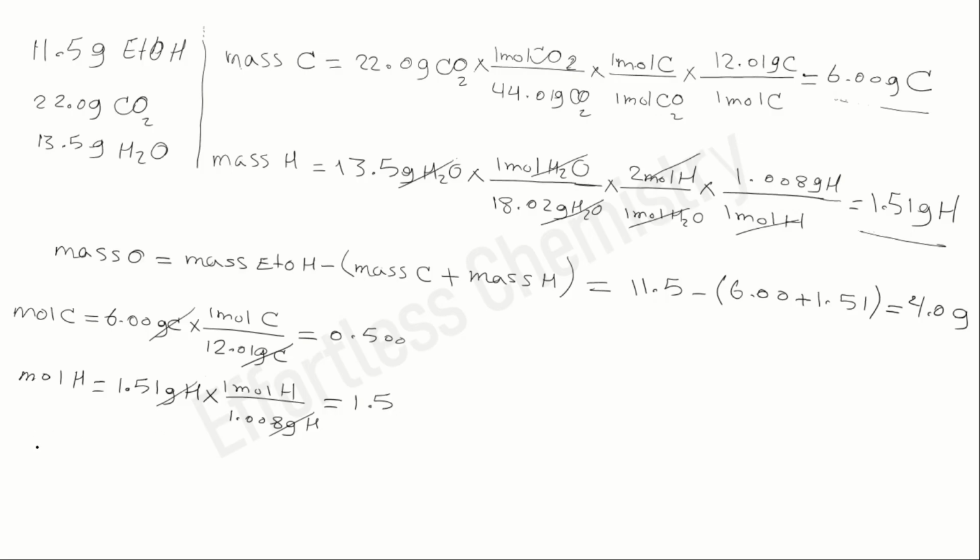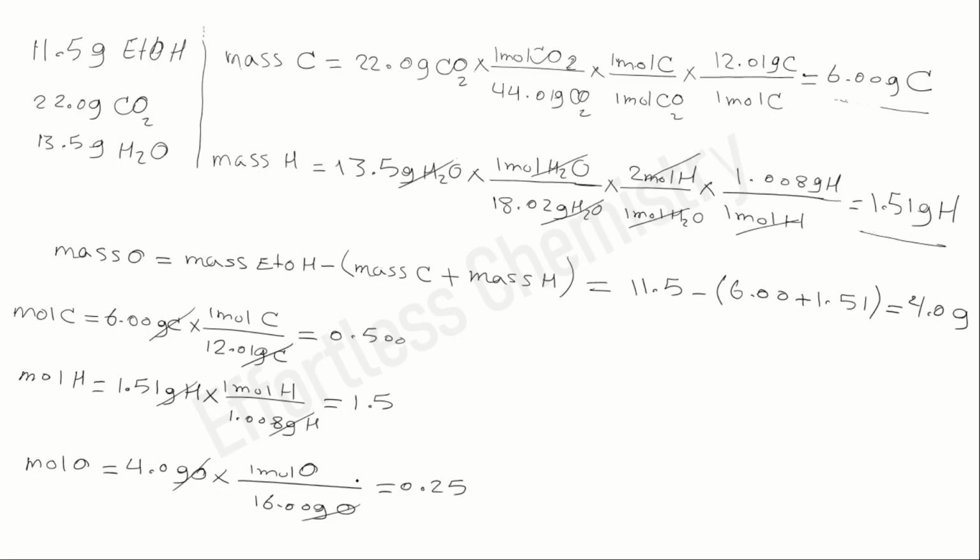And for the oxygen, the mole of oxygen equals 4.0 gram oxygen multiplied by 1 mole oxygen is 16.00 gram oxygen, and then we have 0.25.